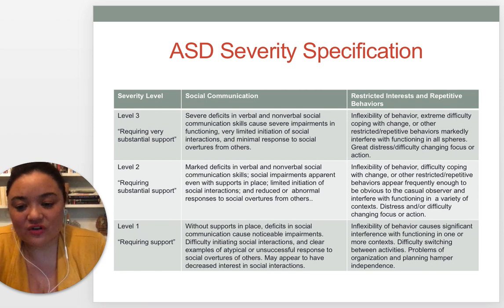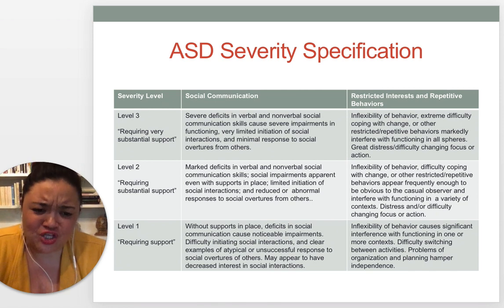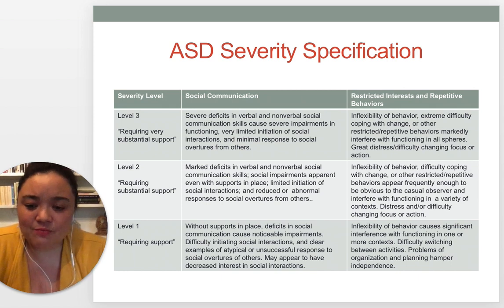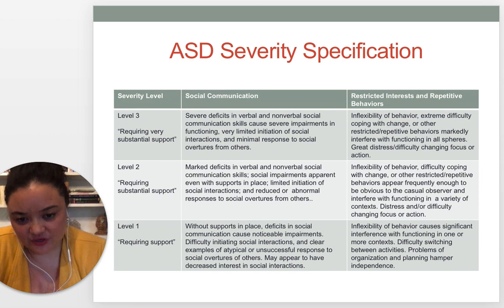All right. So, for example, a person who has a few words of intelligible speech, but who rarely initiates interaction, or when he or she does, will make unusual approaches to meet their needs, would most likely be rated as a level 3 in terms of their social communication.